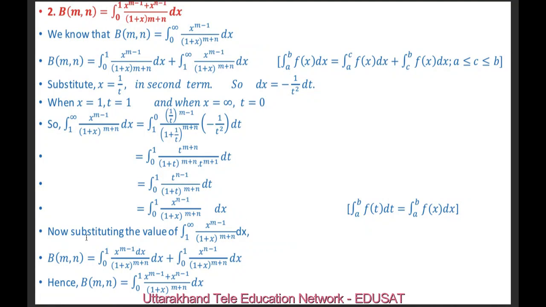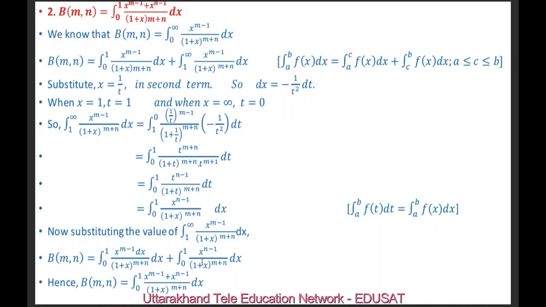Now substituting the value of the integral from 1 to infinity of x raised to m minus 1, over (1 plus x) raised to m plus n dx, which is this value here, then beta(m, n) is equal to the integral from 0 to 1 of x raised to m minus 1, over (1 plus x) raised to m plus n dx, this term plus this term is equal to the integral from 0 to 1 of x raised to n minus 1, over (1 plus x) raised to m plus n dx.